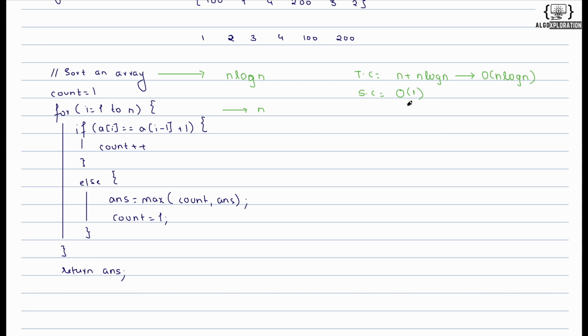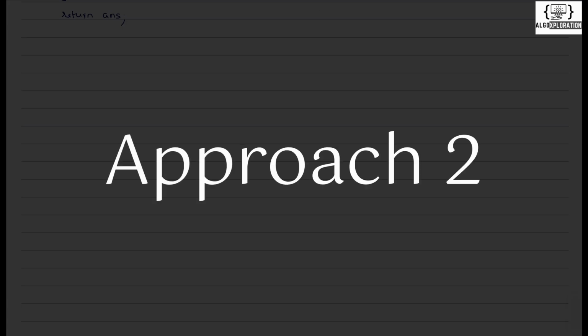So here we can see that the time complexity is huge, so we need to optimize this. Approach 2. Let's take the same example here. Now, what if we store all the elements in a hash set first? How can the solution be optimized?